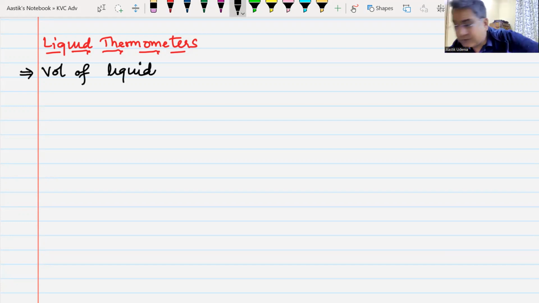Again, these liquid thermometers have 2 fixed points. One is the freezing point, another is the boiling point. Yes, sir. So how are these liquid thermometers made? You put a liquid in a capillary tube and you dip it in water.